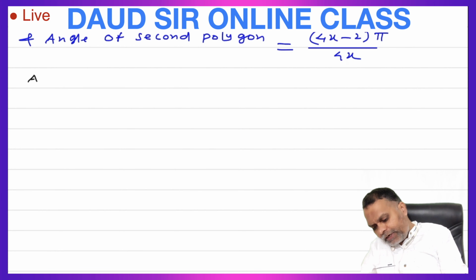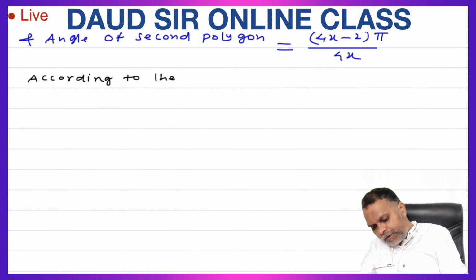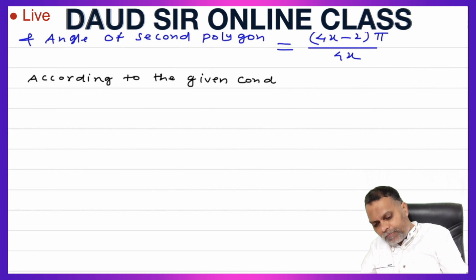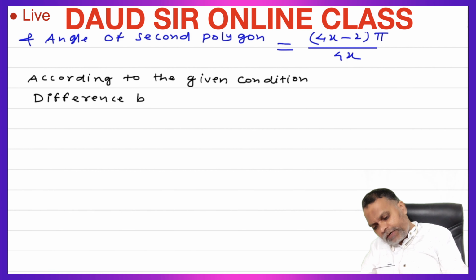Now according to the given condition, difference between their angles is equal to 9 degree.